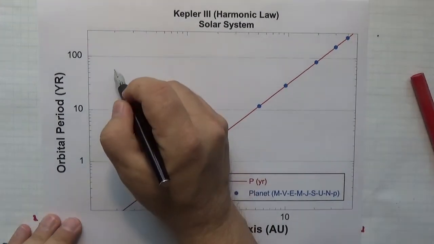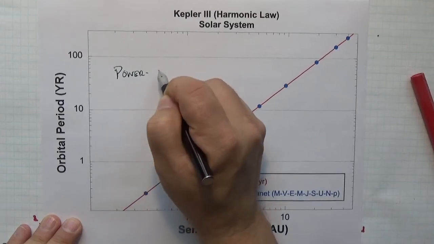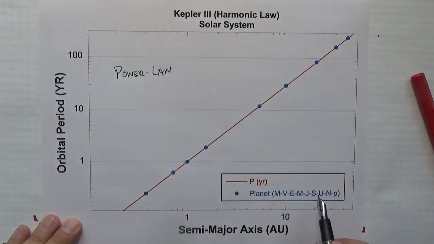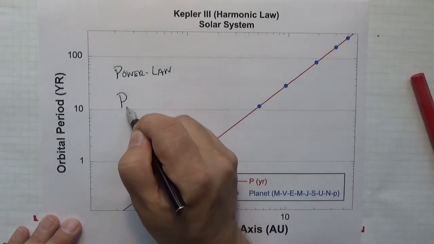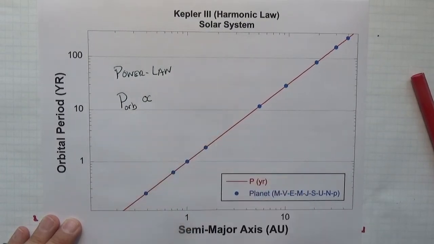So a power law is a straight line on a log-log plot, and what it means is whatever you're plotting on the y-axis, in this case the orbital period, is related to whatever's on the x-axis by a power.